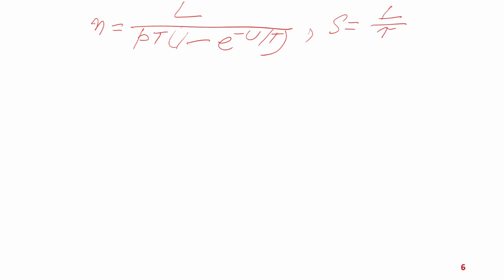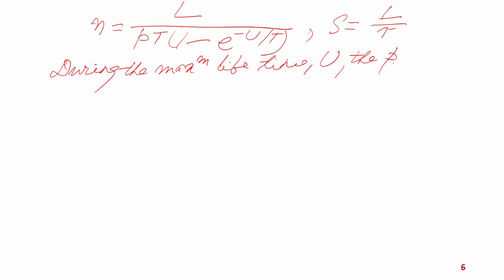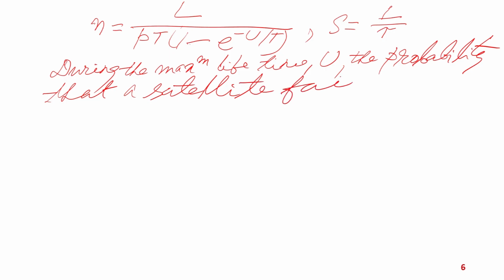And when you consider the maximum lifetime u, the probability that a satellite fails is given by P of A is equal to 1 minus e to the power minus u by t. So, this is actually tau by t.